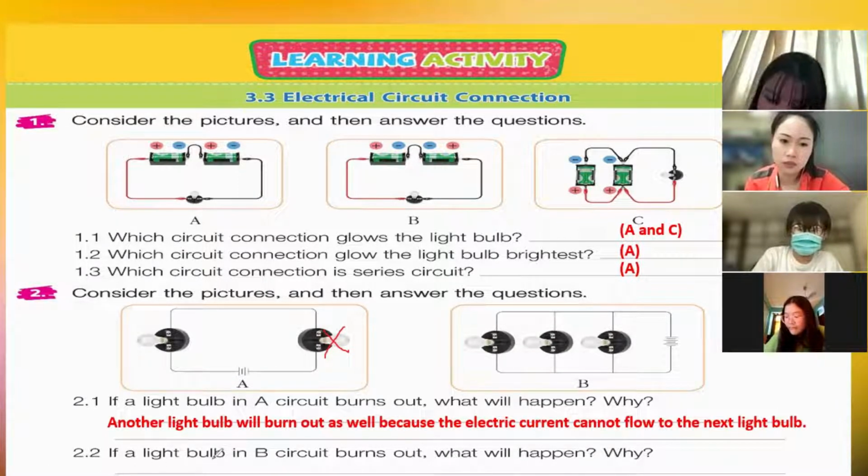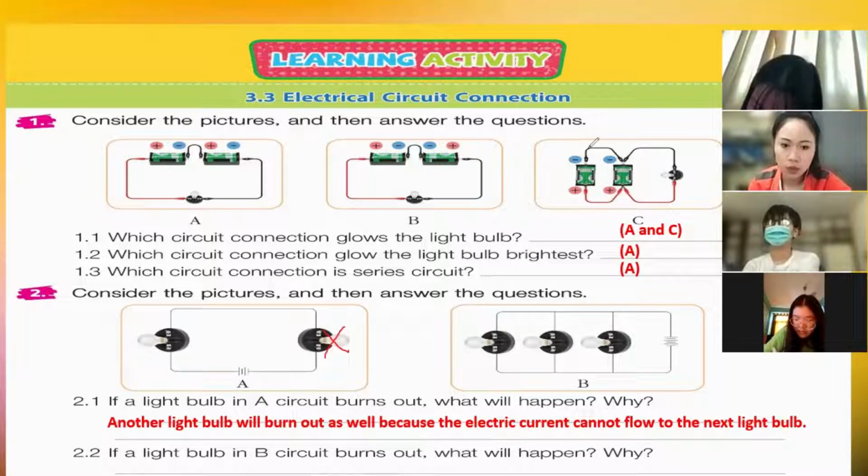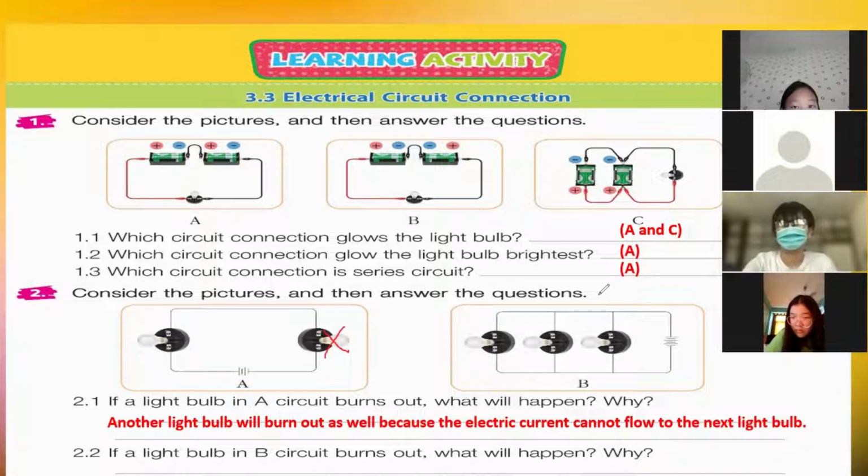All right, question number 2 regarding circuit B. If a light bulb in circuit B burns out, what will happen and why? Anyone can answer me, students? Remember, as I told you before, circuit A has a single pathway.